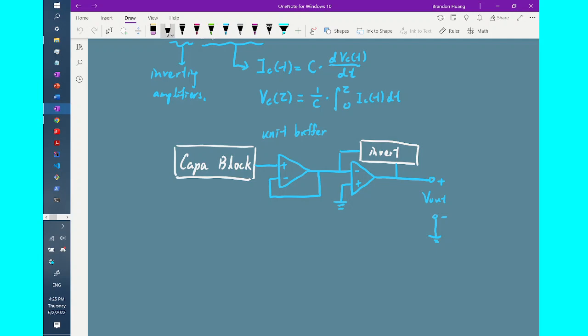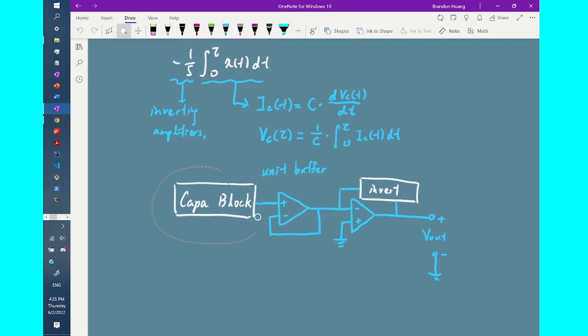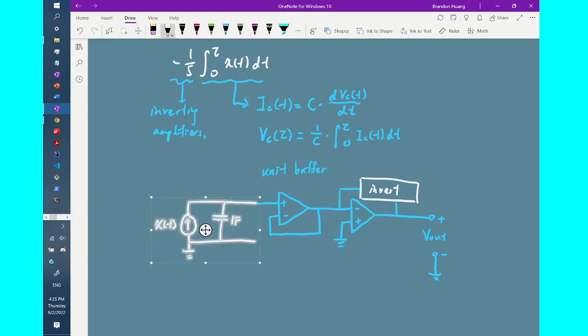So first, for the capacitor block, there's actually only one choice for us to put, which is the parallel of a current source whose amount of current outputted happens to be modeled after the function x of t that we have to compute, and this being parallel to a capacitor of 1 farad. I'm going to connect this to the positive input, and the negative input can just be grounded, or maybe I can just make it an open circuit here.